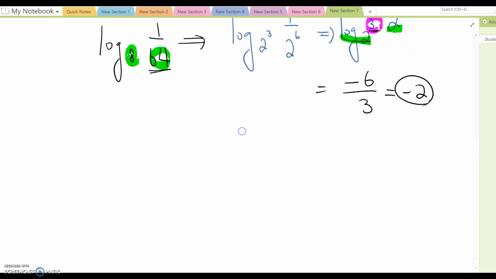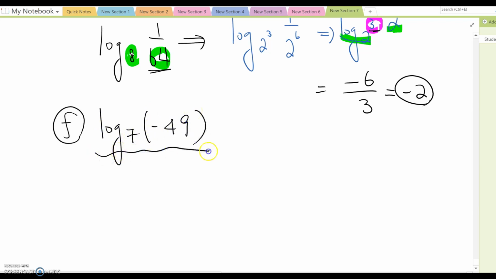So what about f? F is log base 7 of negative 49 here. Right? Okay. So what do you think?